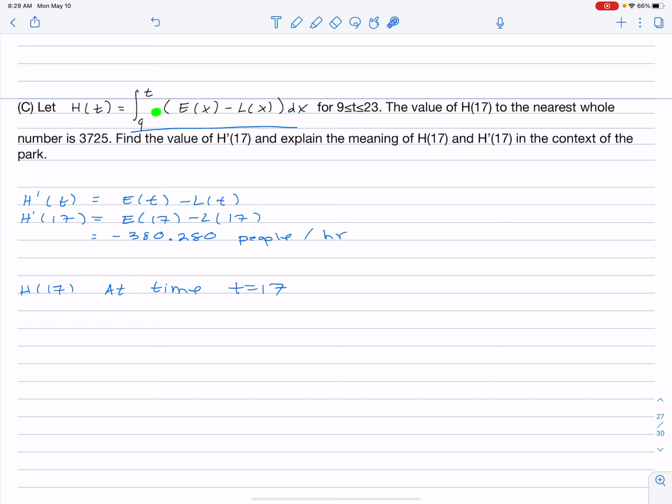We have people entering, we have people leaving. So if we take a snapshot at any specific time, like t equals 17, this gives us how many people are in the park given these two situations at this time. So at time t equals 17, there are, what they said, 3,725 people in the park.